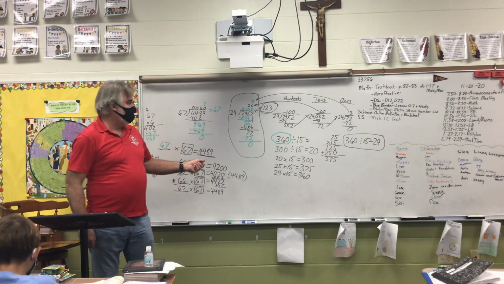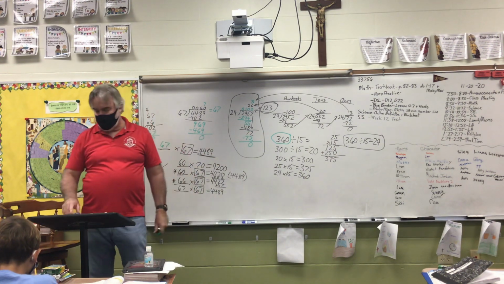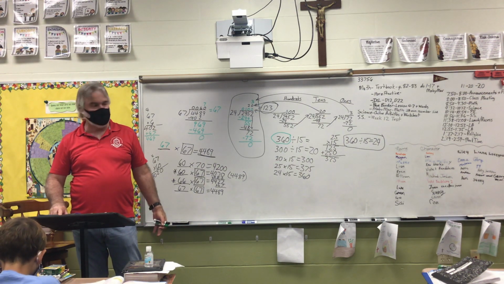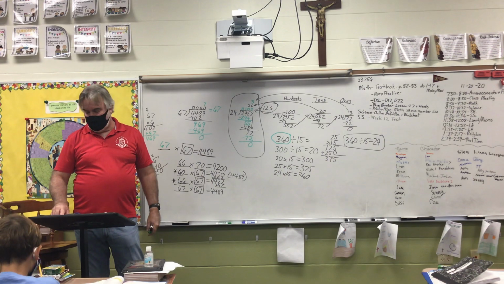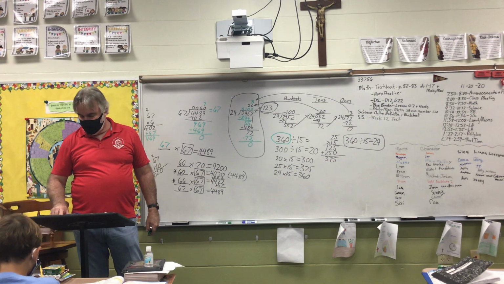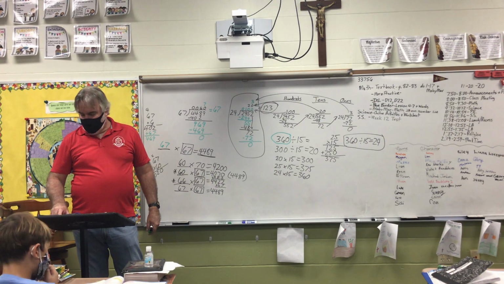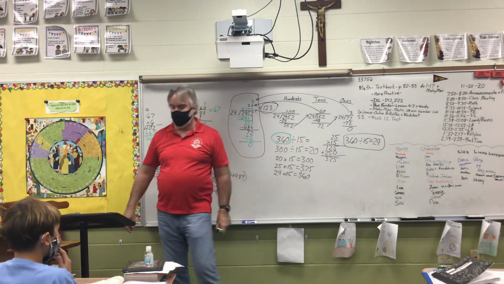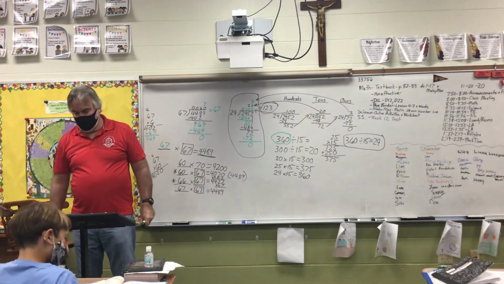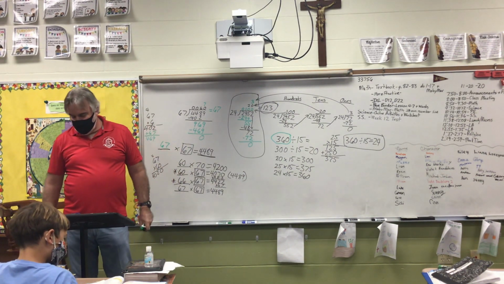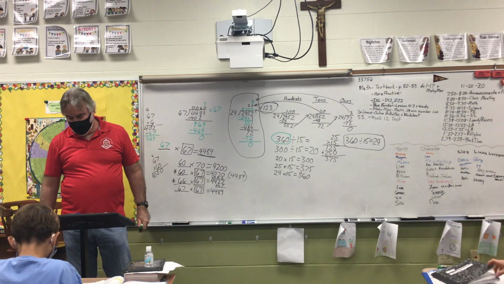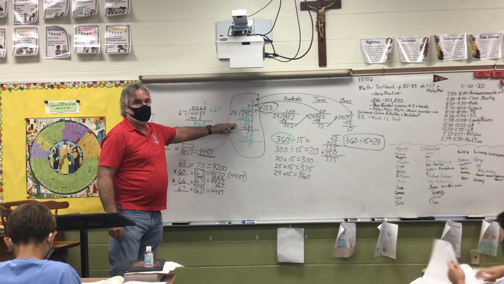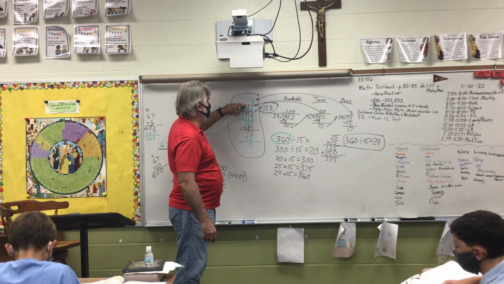Today, this is number 1 that I did for you. Number 2, you're basically doing the same thing, just with a different set of numbers, and you have 5 answers, just like we did over here. Number 3 through 11, you are going to be doing the partial products or partial quotients.